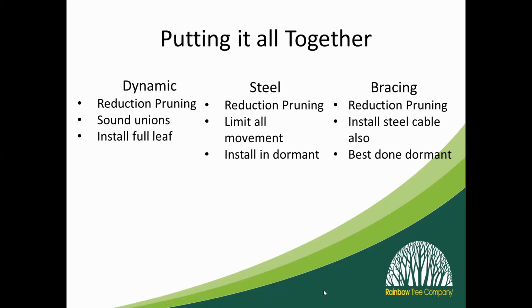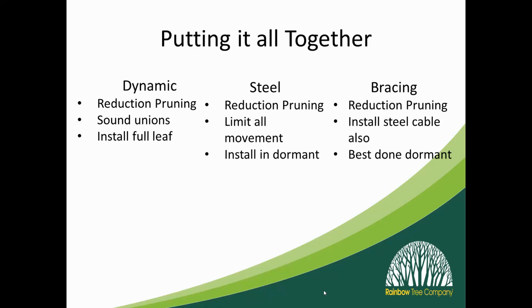So bracing plans should include reduction pruning. So even if it's a codominant stem, inclusion, split, right? Equal sides, we might still want to do reduction on both sides of that. We're reducing that load at that union because that's why it's failing, it's splitting apart. So doing a reduction maintenance plan on that tree if they want long term.